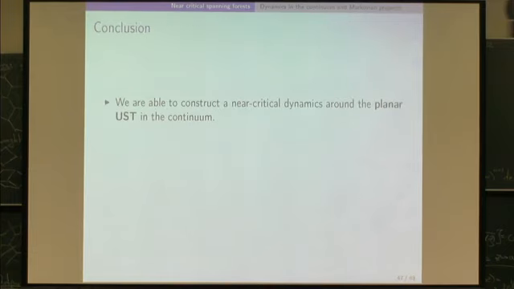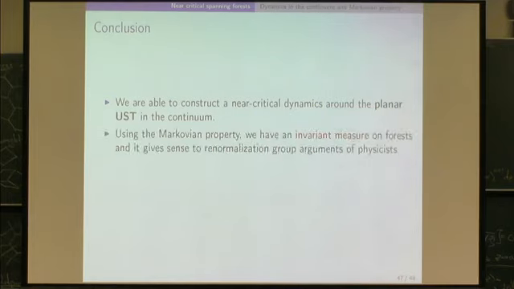Okay, so let me now conclude. We are able to construct what we can call near-critical dynamics around the planar uniform spanning tree. We can construct it directly in the continuum, using those nice weighted graphs that somehow remove a lot of geometric information from the picture. And using the Markovian property, we can have an invariant measure on forests and give some sense to the renormalization group arguments that are used by physicists.